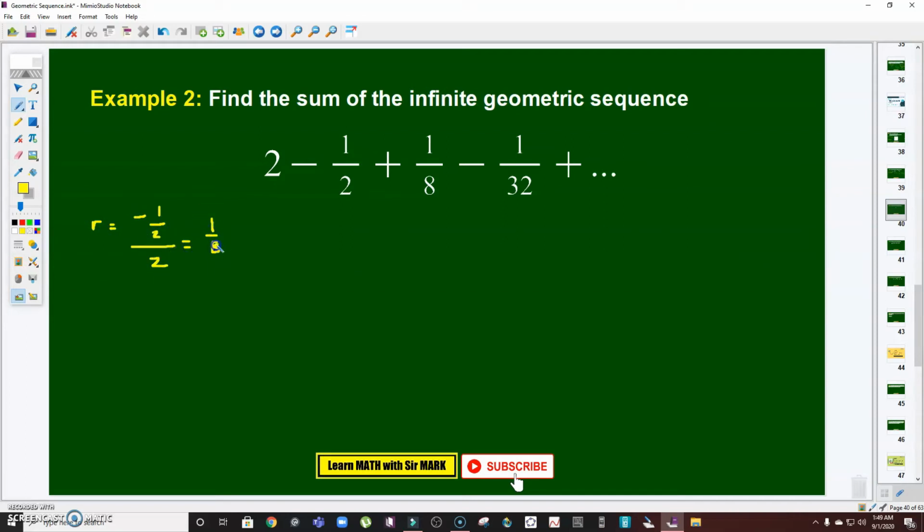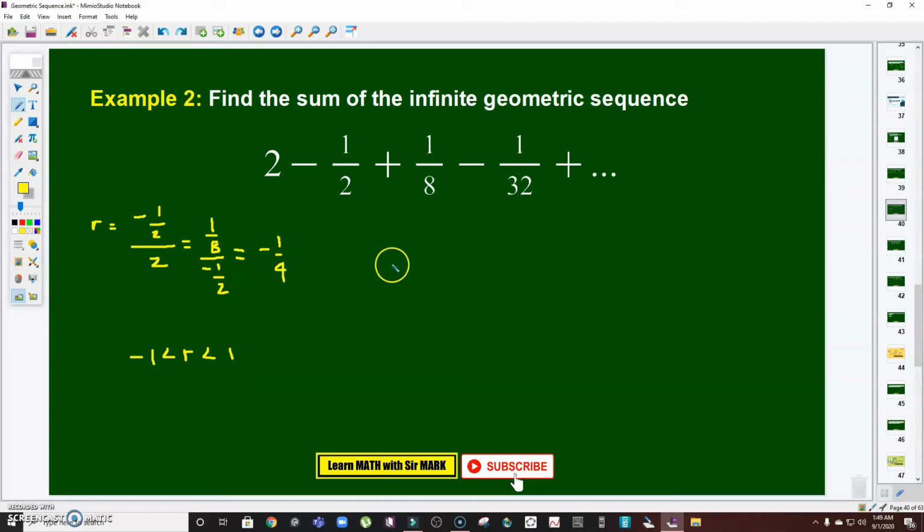So, 1/8 over negative 1/2 is equal to negative 1/4. Tama? Because ang negative 1/4 is pasok dun sa range natin. Take note, ang range natin should be from negative 1 to 1 exclusive. Dapat hindi lalagpas dito, or within this range. Clear?